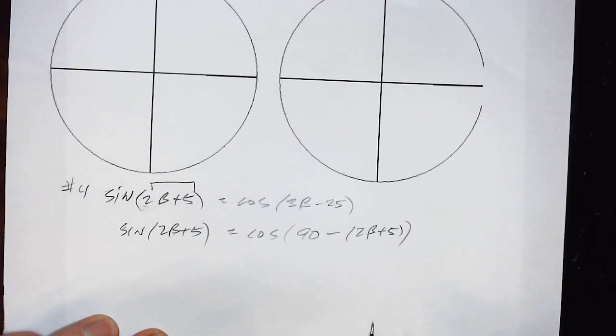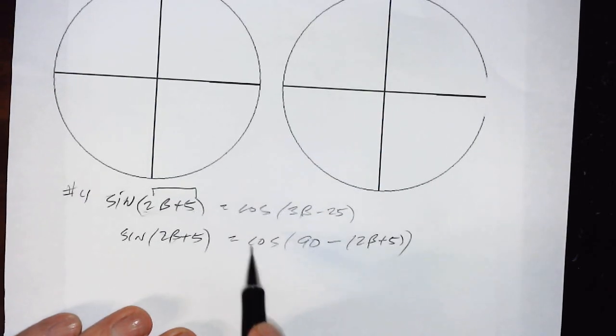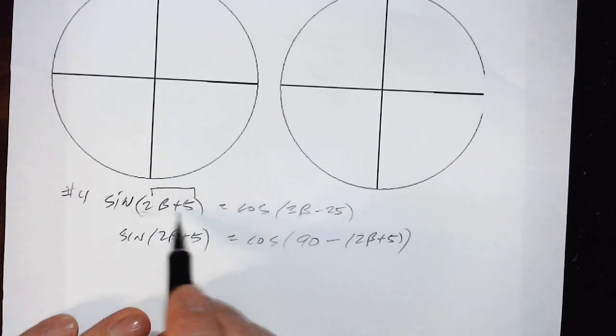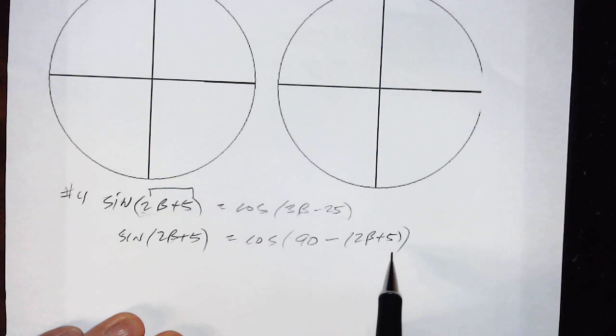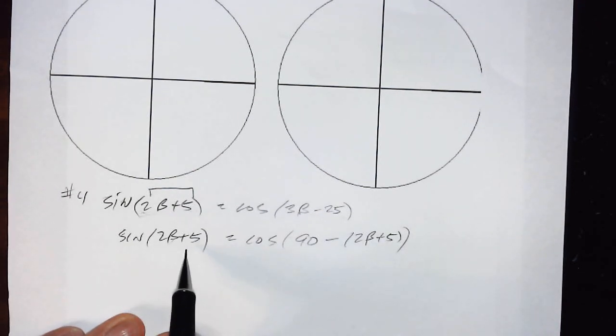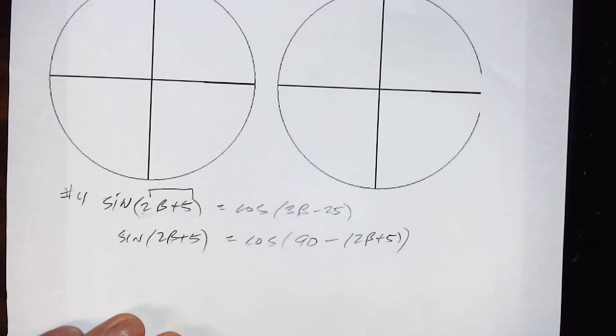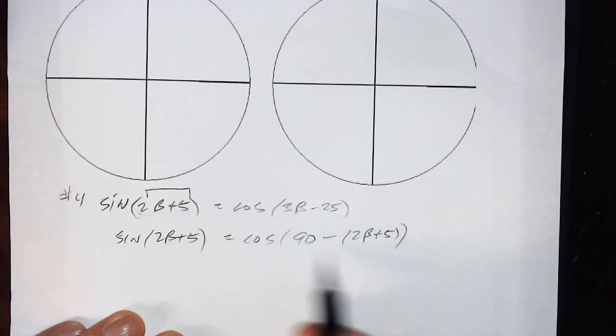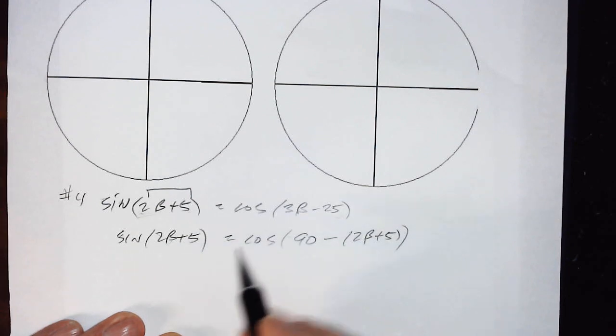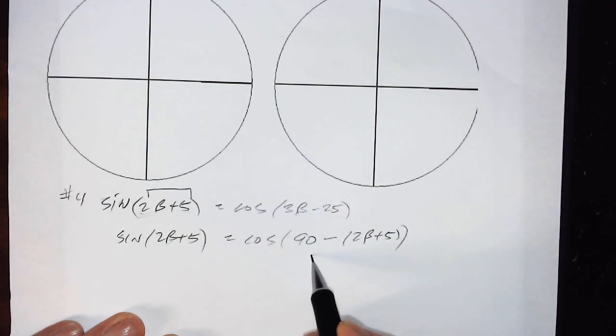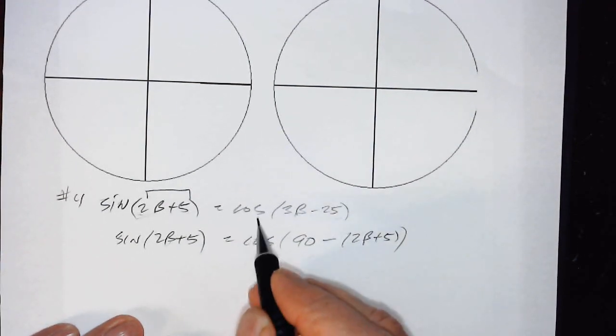Now, you notice this. This is equal to that. And this is also equal to that. They're both equal to the same thing. Now, if this and this are both equal to the same thing, then this must be equal to that. You know what I mean?